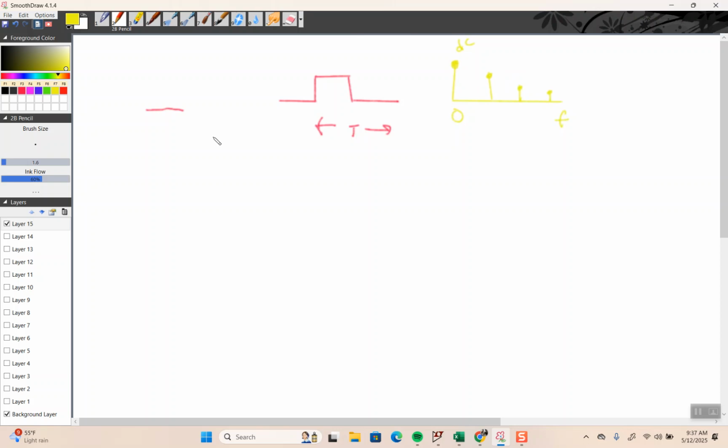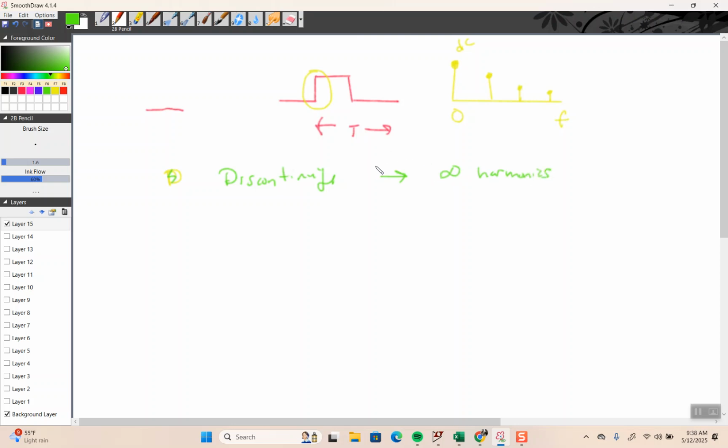So sharp edges, I should say, sharp discontinuities cause infinite harmonics.